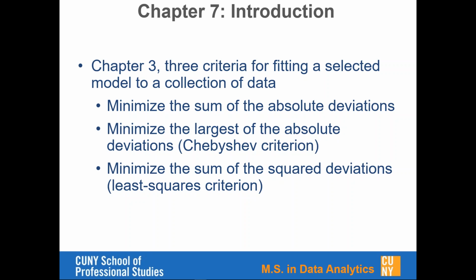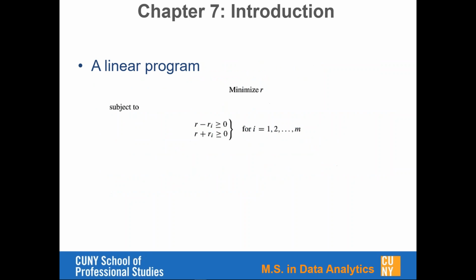Unfortunately, we didn't go through it live 2 weeks ago, but hopefully you were able to read the book and look at what it meant, and it can be solved by an optimization technique. The third one is to minimize the sum of the square deviations, which is the least squares criterion we actually just discussed 10 minutes ago.